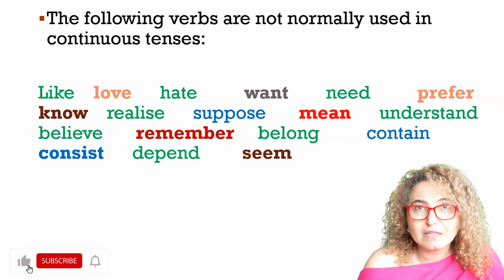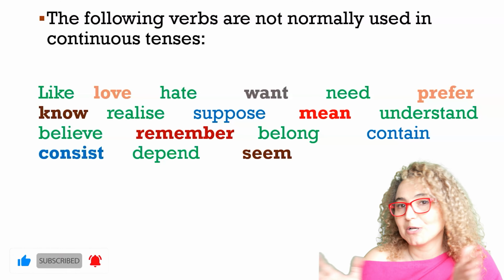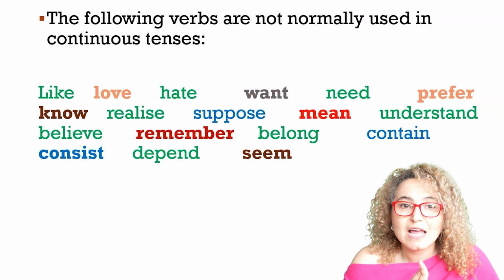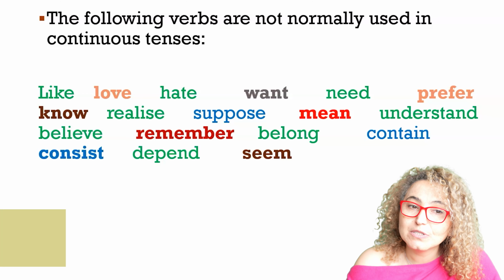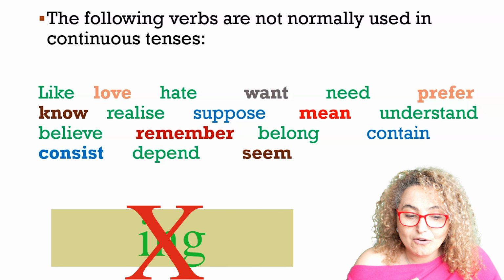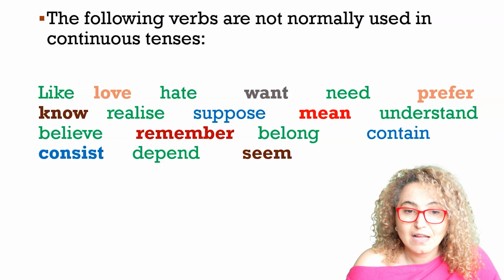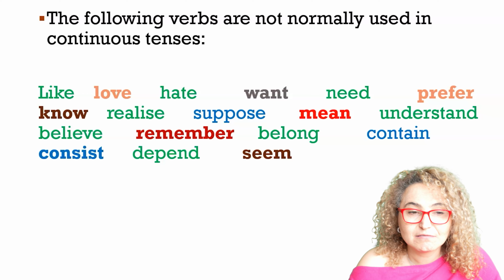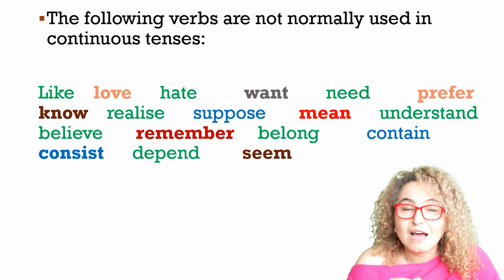Okay, there's something in English, there are always rules, there are always exceptions, there are always special rules in English. And these verbs, we don't usually use ing with them. Okay, I want you to think of feelings, taste, mental status, okay?